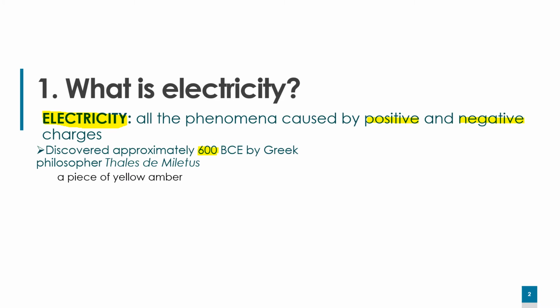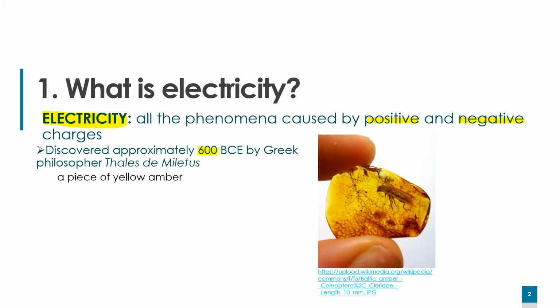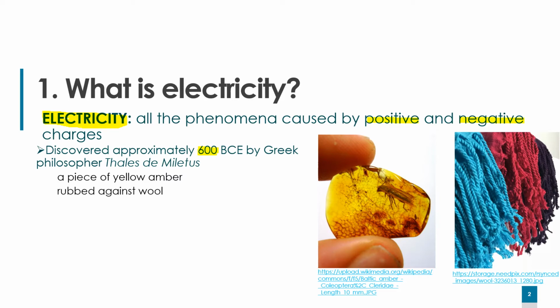He observed when he took a piece of yellow amber, that you watched in Jurassic Park, and rubbed it against wood. Okay, what happens? The amber has the ability to attract small objects. So when he rubbed these two, it had the ability to attract other objects.